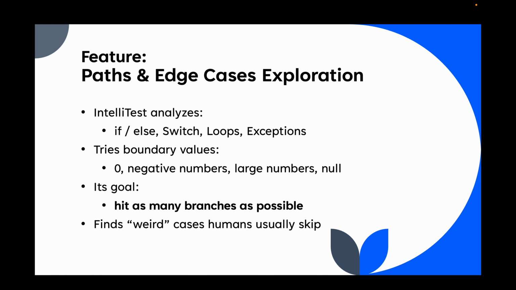We usually test the normal values that we are expecting, and maybe one or two extremes. IntelliTest systematically looks for those edge cases. This feature helps increase the code coverage and also helps us catch bugs that we didn't even know were possible.